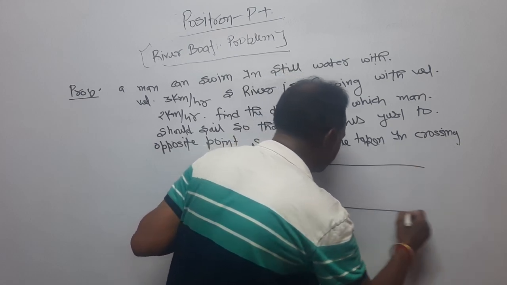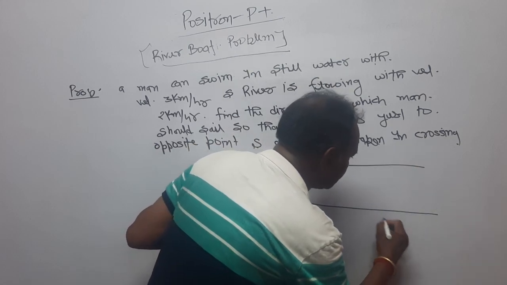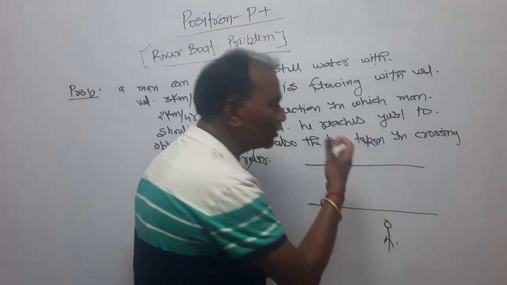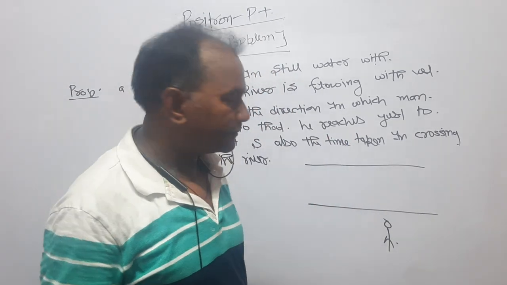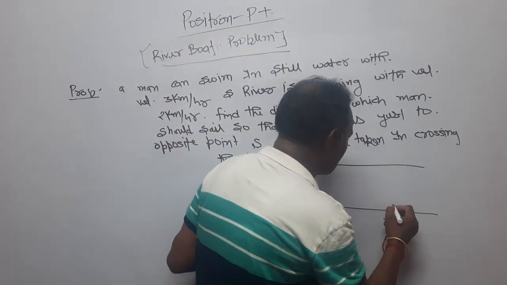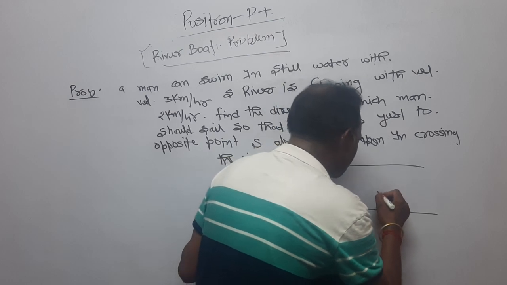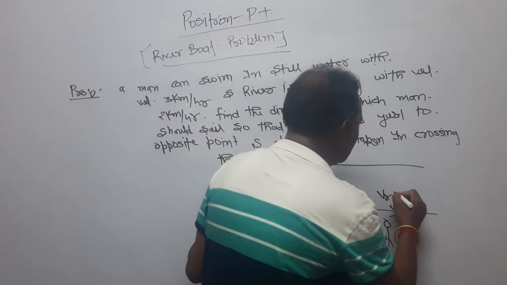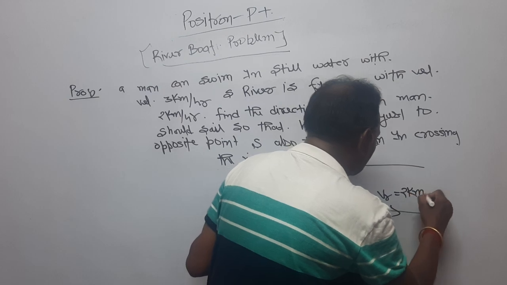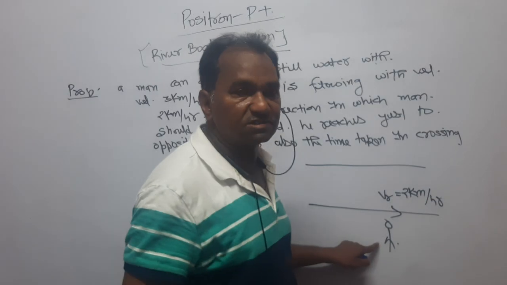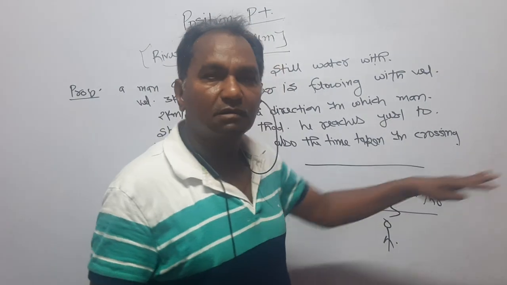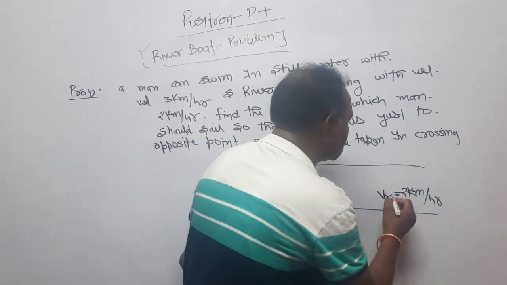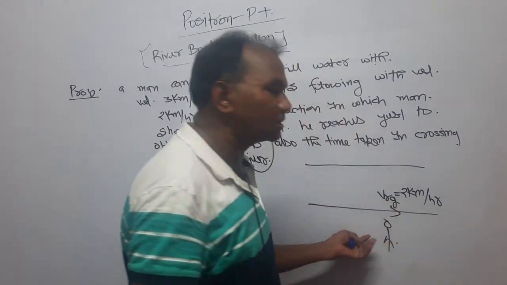This is the river and here is a person observing everything that is happening. The river is flowing in this way. This is the velocity of the river, given as 2 km per hour. This person observes that the river is flowing in this way, so it is the velocity of the river because he is on the ground.